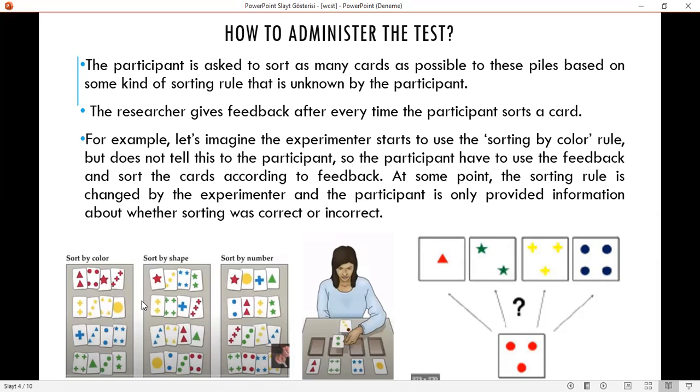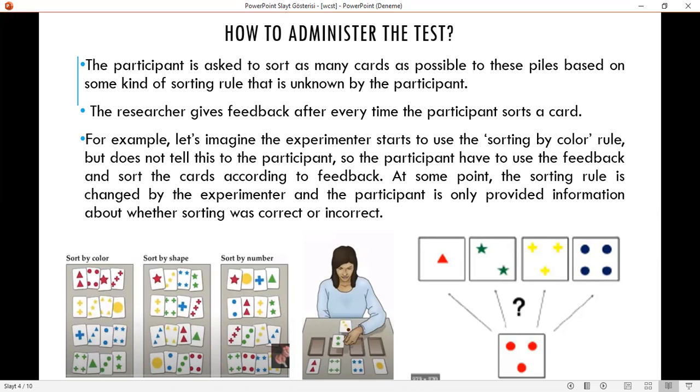Then we ask the participant to put the cards into these boxes or piles. The participant is asked to sort as many cards as possible into these piles based on some kind of sorting rule that is unknown by the participant.